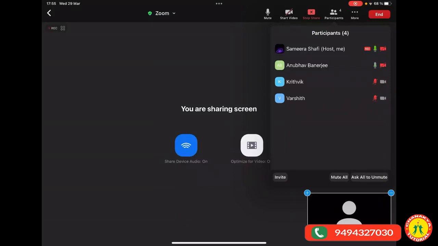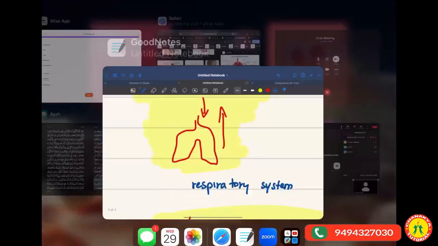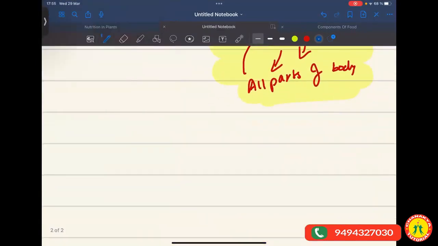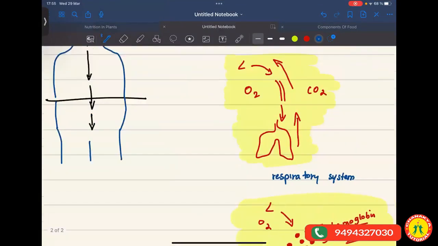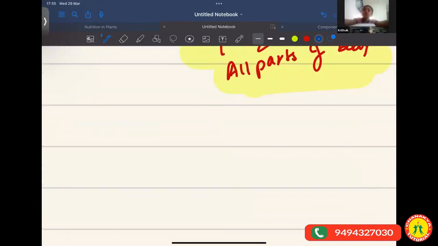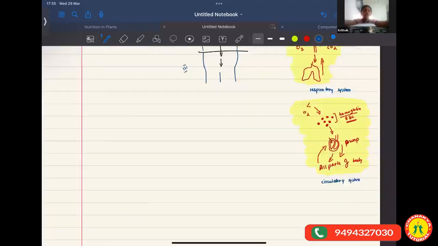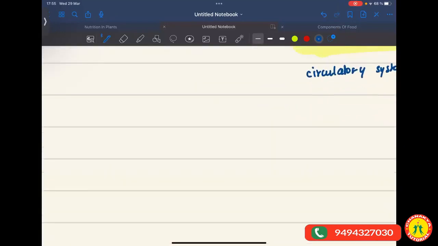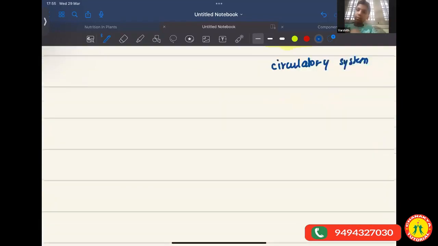Okay, excretory system. Very good, Anubhav. What else is there? Kritvik, why don't you try another system? Tell me, Varshit, is it from this class? Varshit, are you there? Yes, ma'am. I'm there. Why don't you try?